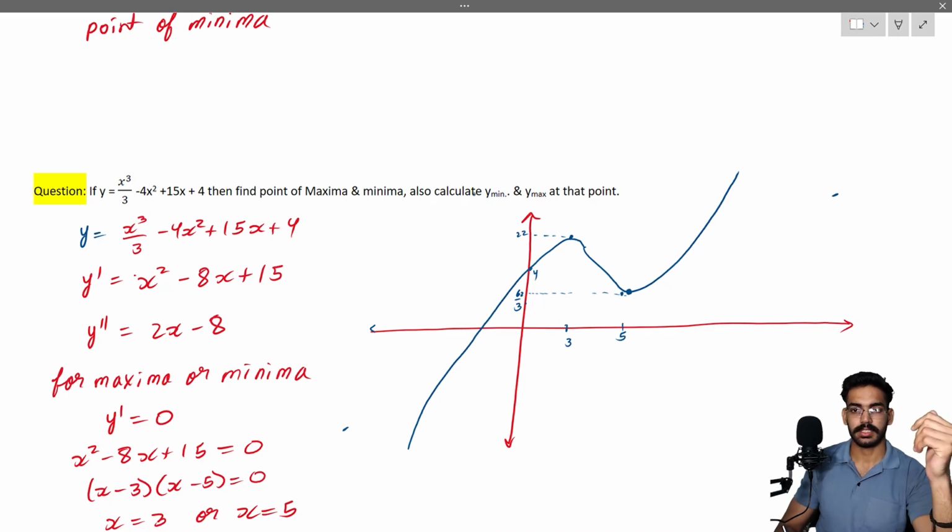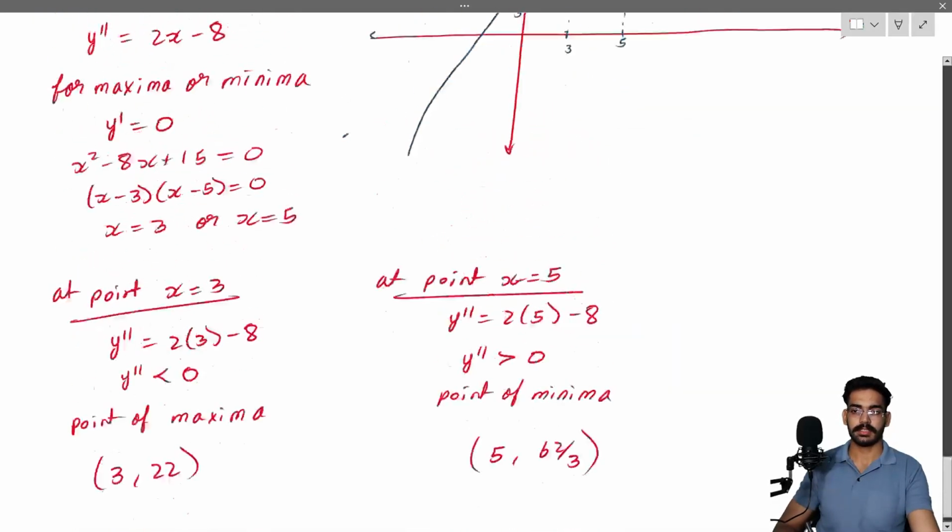A little bit of correction, but this is what it's going to look like. This will be 0 comma 4: you can put x equal to 0 and you will get y equal to 4. So this is going to be the graph. Got it? I hope you understand this. This is your graph. I hope this is clear. Thank you.